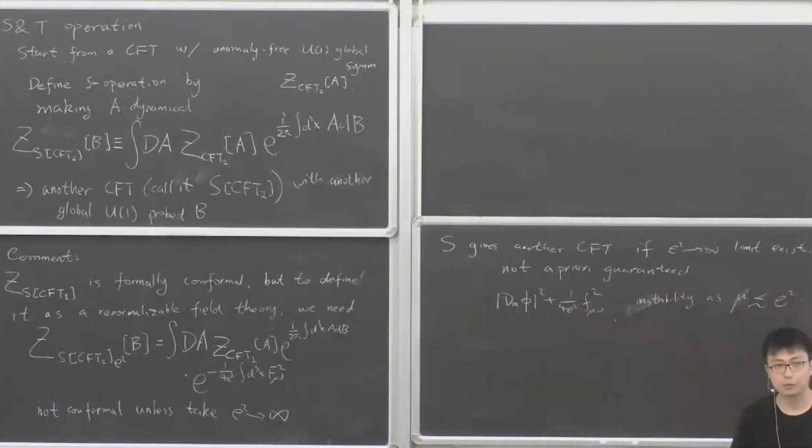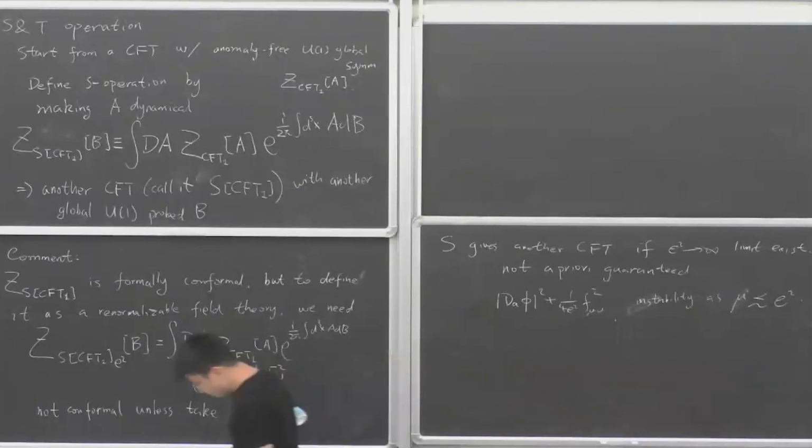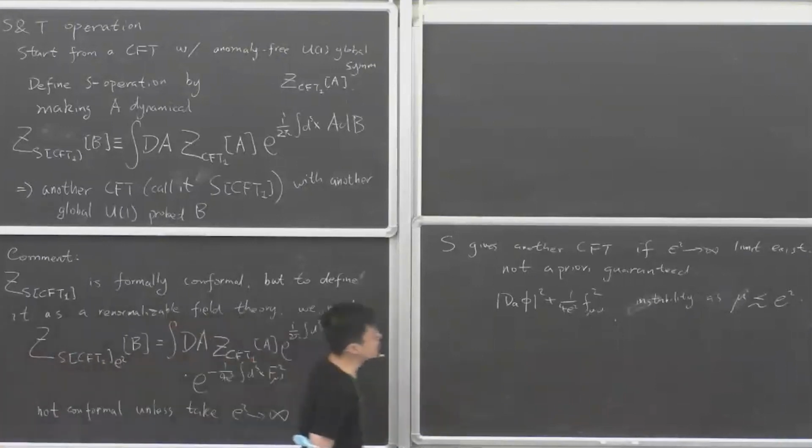So now if you try to take the e squared going to infinity limit, that's basically saying you're always unstable. It doesn't matter where your energy scale is. It doesn't look like a CFT. It doesn't look like anything. I mean, we know it's a first order transition.